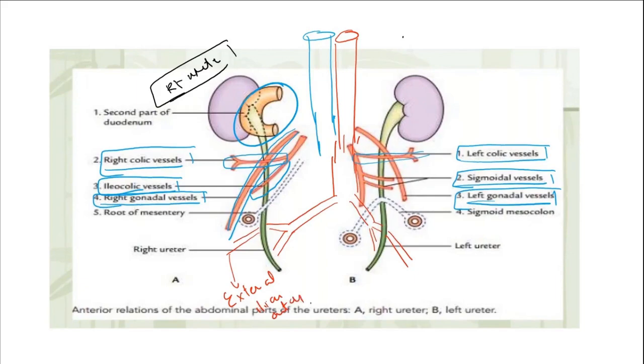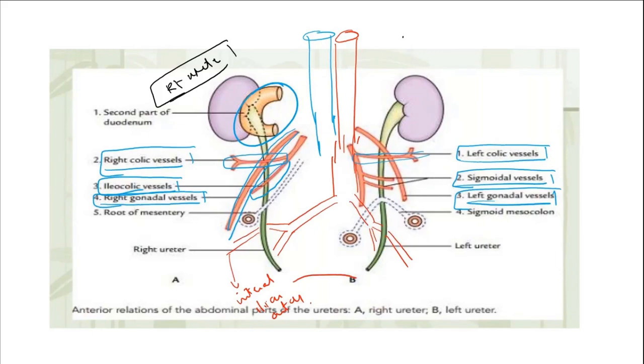So the pelvic ureter runs on the lateral wall of the pelvis in front of the internal iliac artery. It then runs forward and medially to enter the bladder.